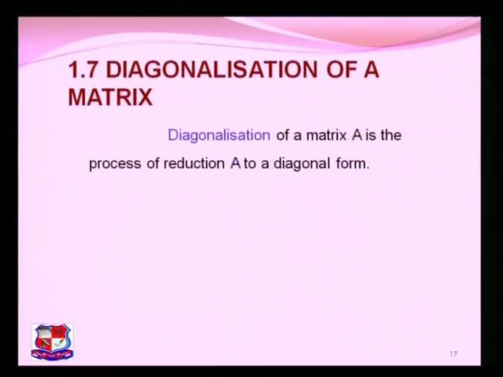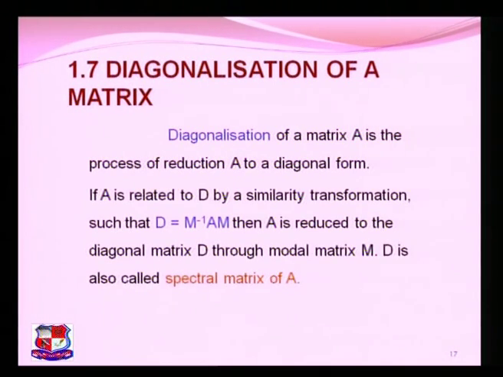So to form the diagonal matrix from the given matrix A, if A is related to D by a similarity transformation such that D is equal to M inverse A M, then A is reduced to the diagonal matrix D through the model matrix M. D is also called the spectral matrix of A, which is in the diagonal form.